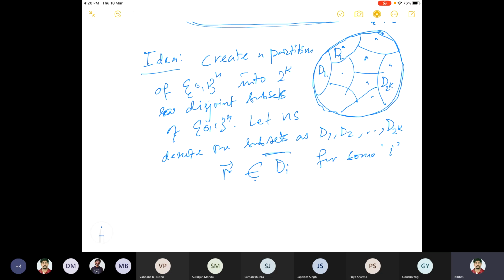So I will associate these Di's with vi's. Once r is in some Di, I'll interpret that the correct code word for this r is vi. So I'll make a one-to-one correspondence between Di and vi, and once I receive r, it must belong to some Di, and I'll decode r as vi. So this is my plan: the vector r will be decoded as vi.